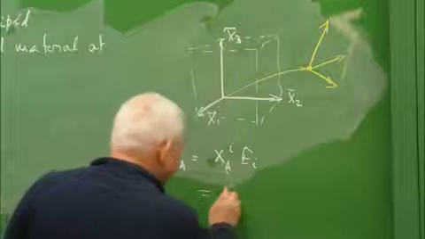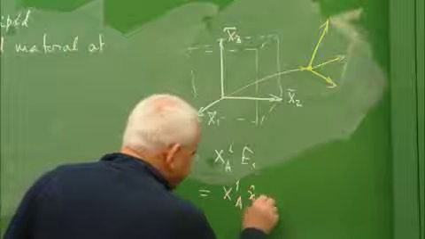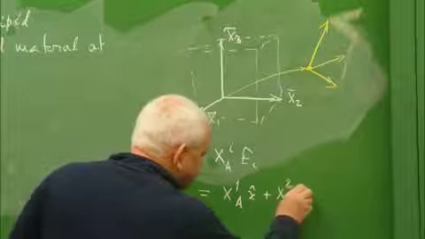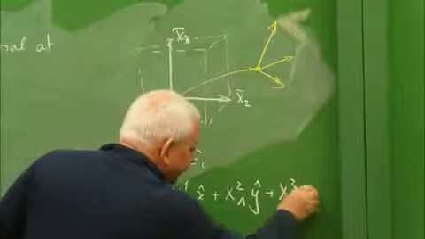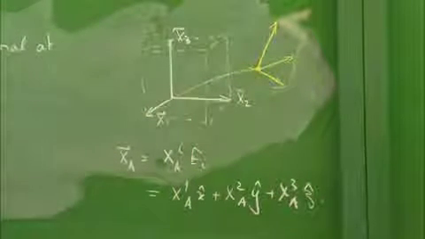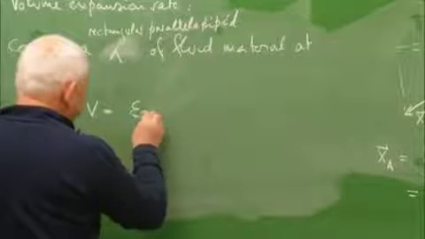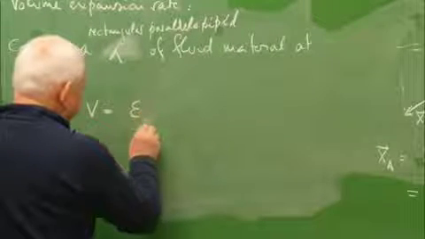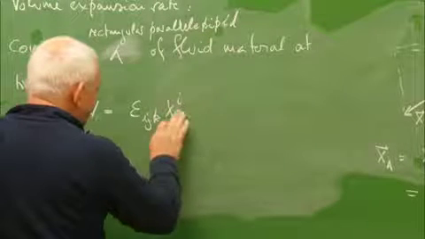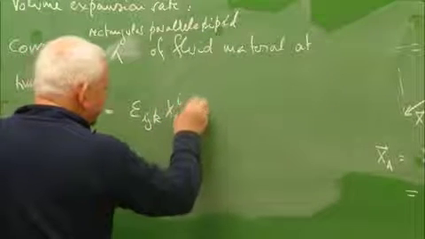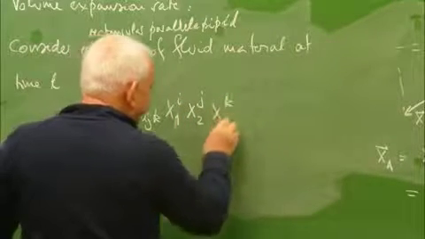So this is a shorthand for x1_A times x hat, plus x2_A times y hat, plus x3_A times z hat. So that's how I get to write the components. And then my volume is going to be epsilon ijk, xi_1, xj_2, xk_3.